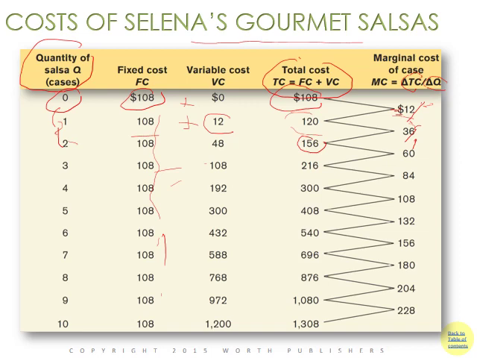And we can see marginal cost starts out relatively low and then increases and increases and increases. By the time you're producing the 10th case of salsa, your additional cost of producing just one case is $228. So as you produce more salsa, the marginal cost of producing a case increases dramatically.